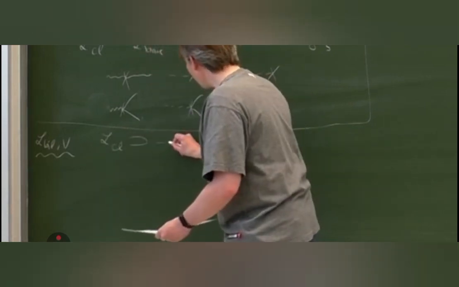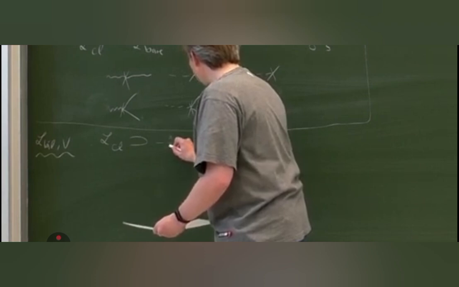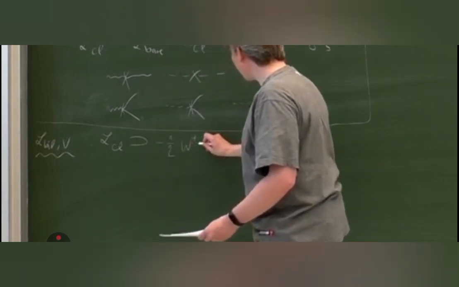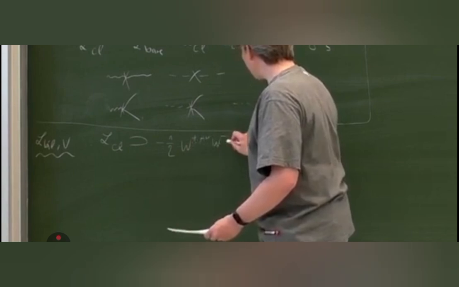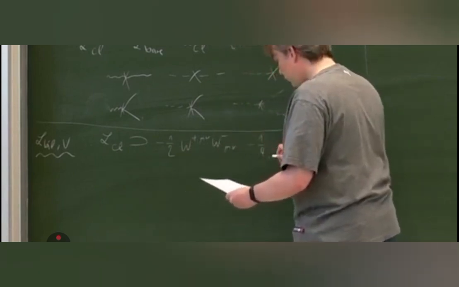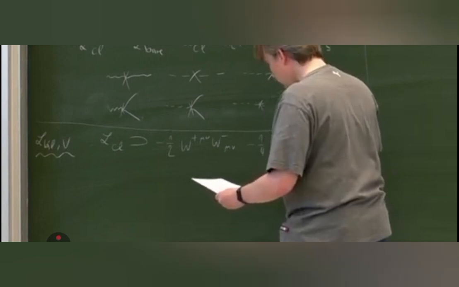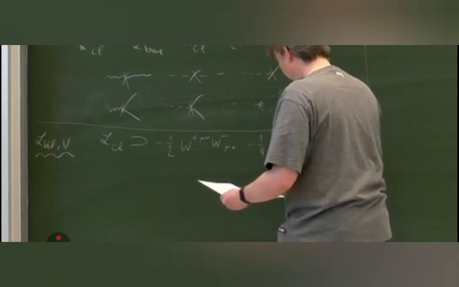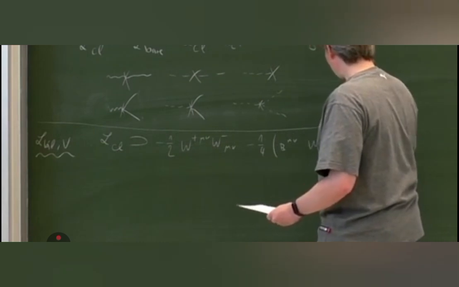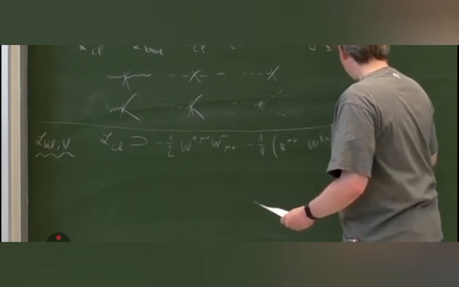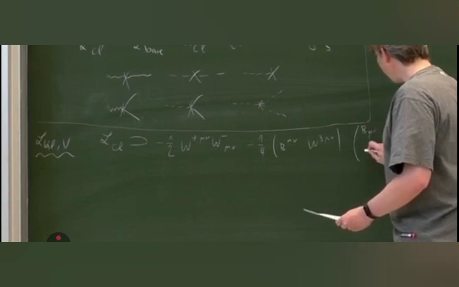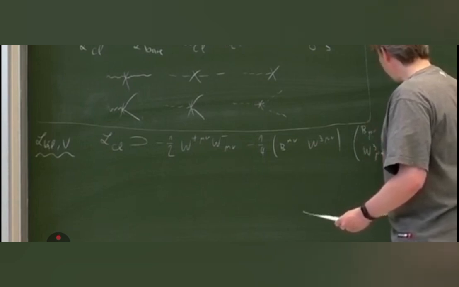It contains minus 1 over 2 W plus mu nu times W minus mu nu, minus 1 over 4 B mu nu times B mu nu, and W3 mu nu times W3 mu nu.